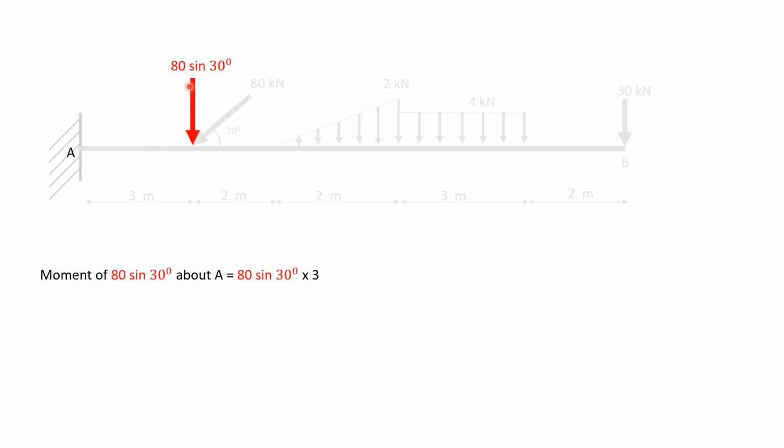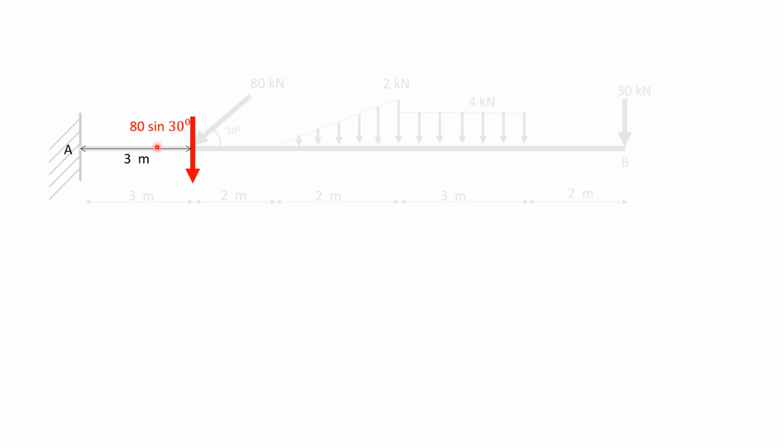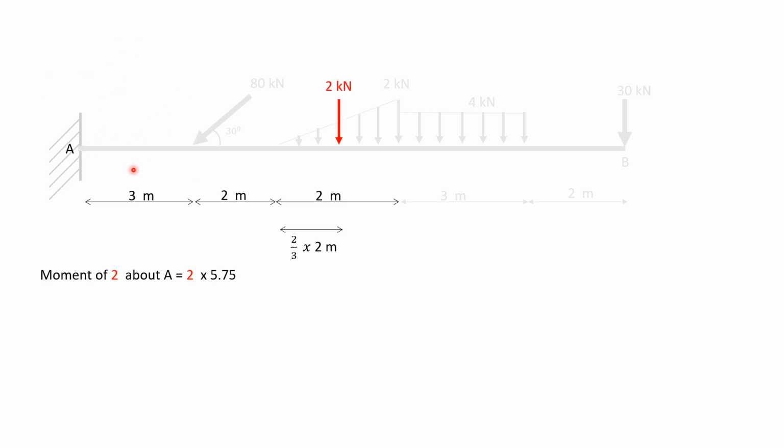This 80 sin 30, it will pass through line of action of force like this. It will have perpendicular distance about point A of 3 meters and it will rotate about point A anti-clockwise, and it will have moment of 80 into 3.